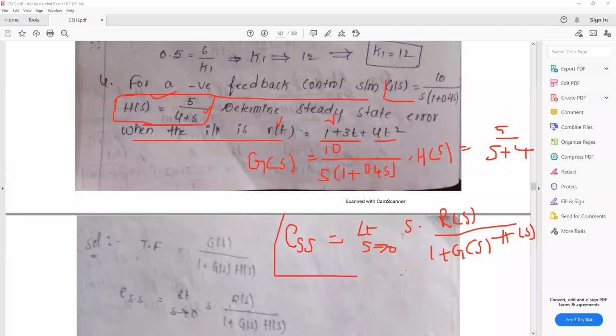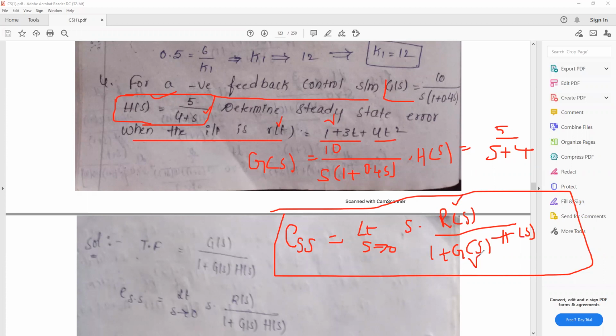So in this formula, what data do we have? R(s) is there, G(s) is there, H(s) is also there.